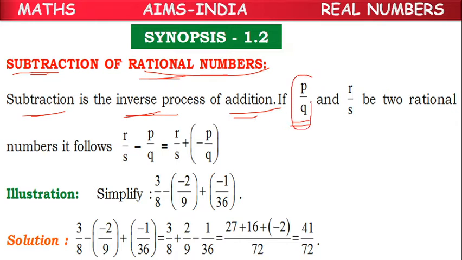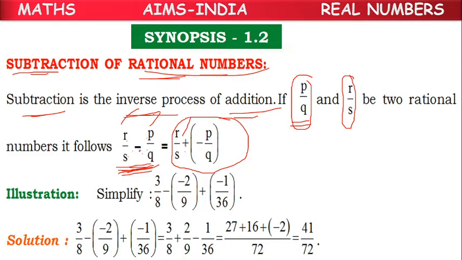Suppose we have two rational numbers, p by q and r by s. If you want to subtract the first one from the second one, like r by s minus p by q, this can be written in the form of addition. Instead of minus, we will keep plus here, and the minus will be taken inside the bracket.